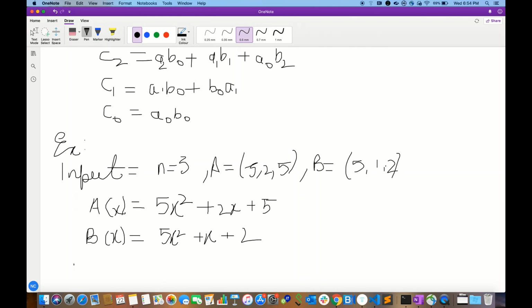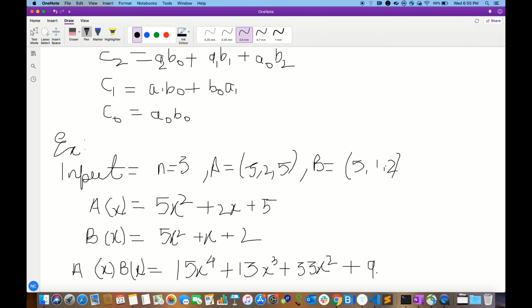So the product will look something like A x times B x equals 15x to the power 4, since it is of degree 3, so first both x to the power 2's will get added, and after that 13x cube, 33x square, 9x plus 10.